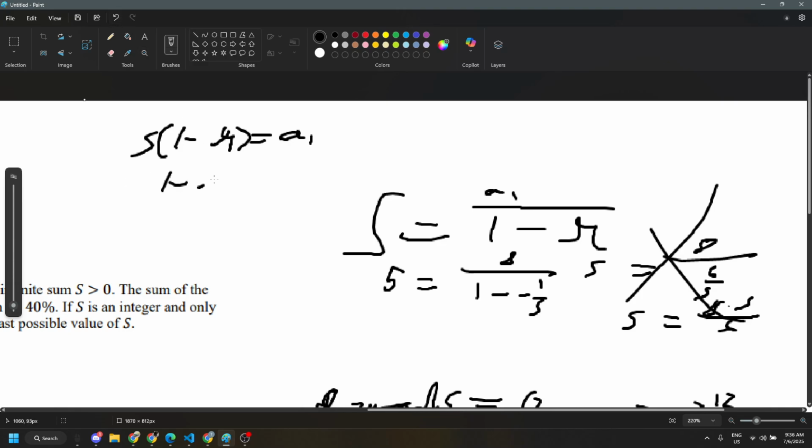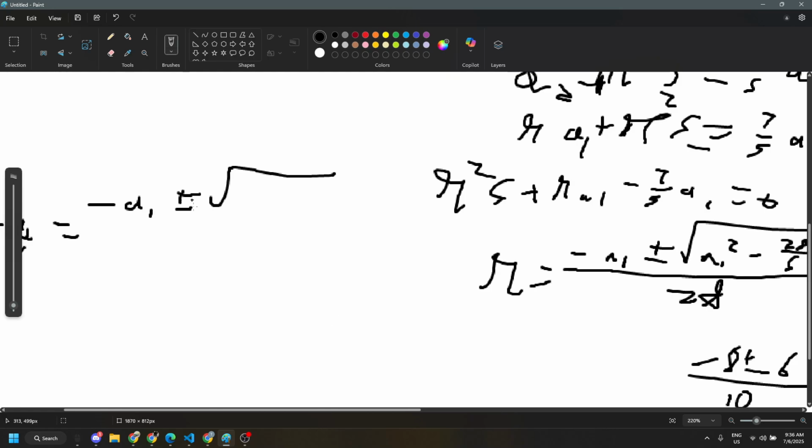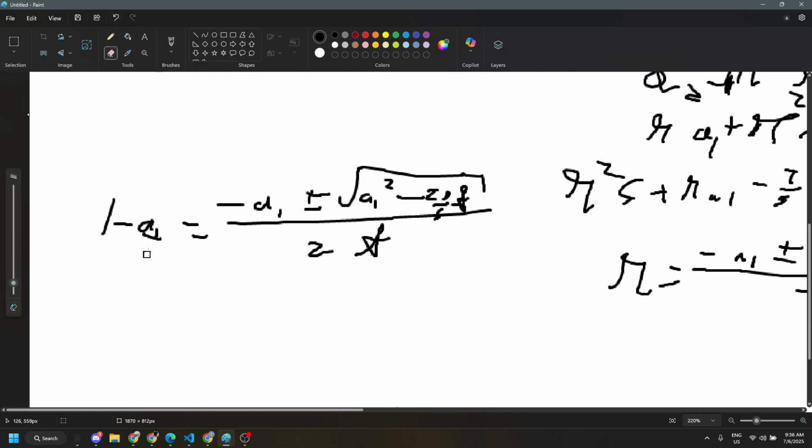1 minus R is equal to A1 over S. So 1 minus A1 over S is equal to R. So 1 minus A1 over S is equal to negative A1 plus or minus the square root of A1 squared minus 28 over 5 S, all over 2S.